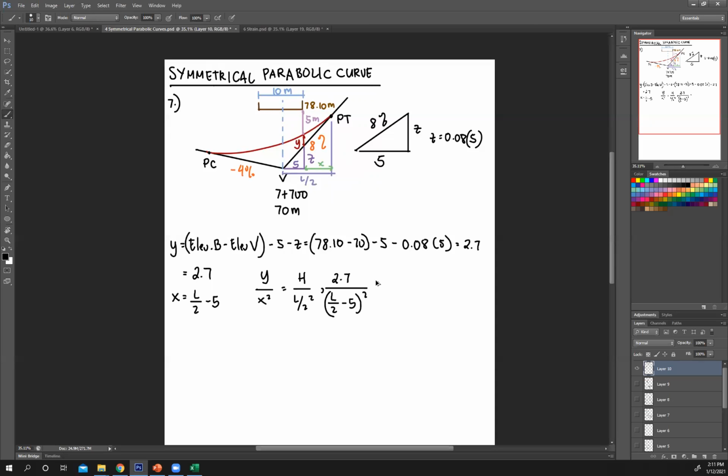Then h, remember the equation for h, is L over 8 times G1 minus G2. G1 is 4%, so negative 0.04, minus G2, 0.08.